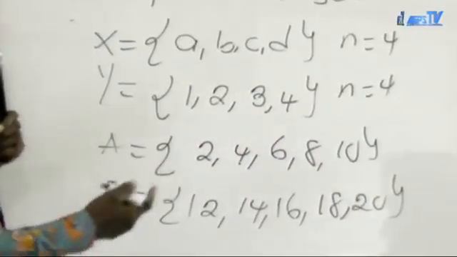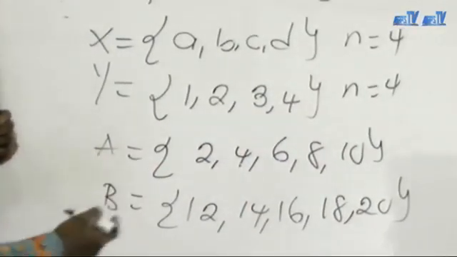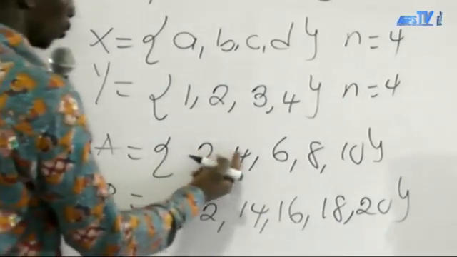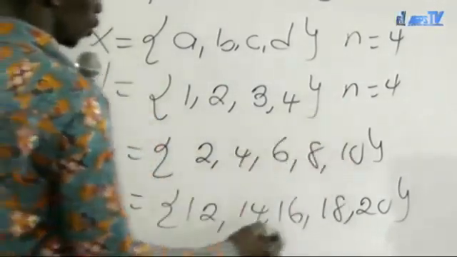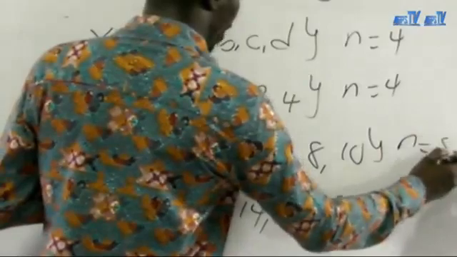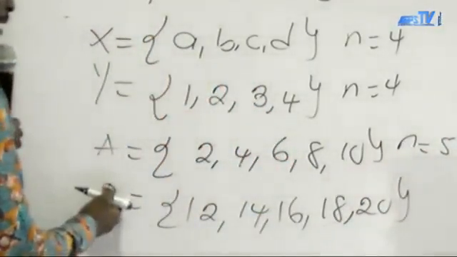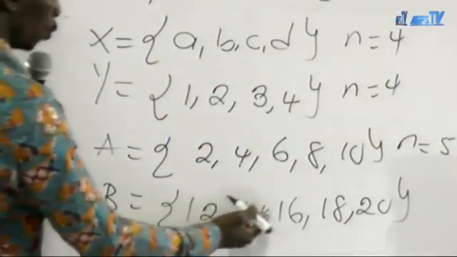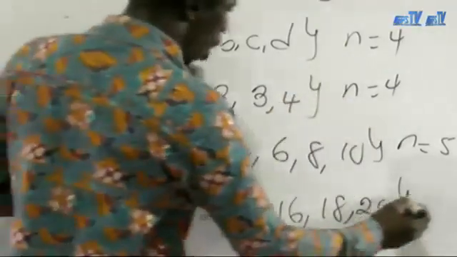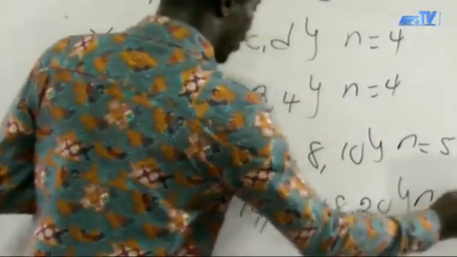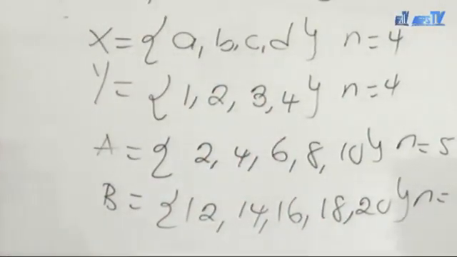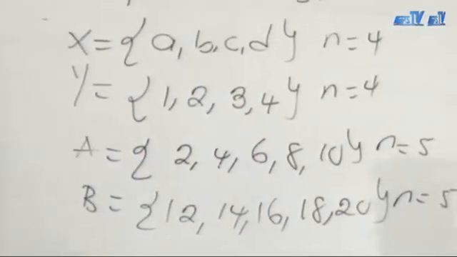Then we count the number of members. So when we count, we are going to have 1, 2, 3, 4, 5. So we have our n to be 5. And then for B, we are having 1, 2, 3, 4, 5. So both numbers of members are 5 each. But the members, once again, are not the same.